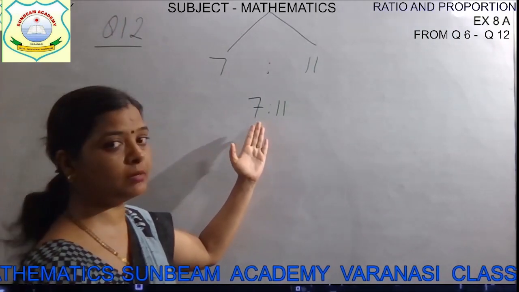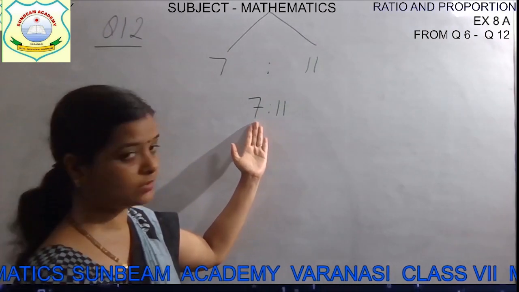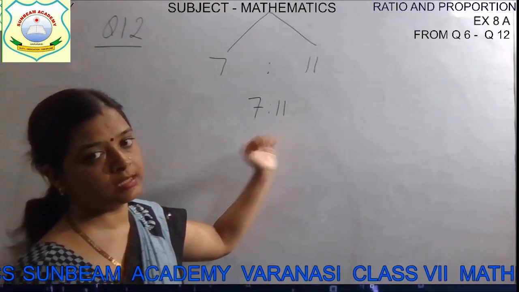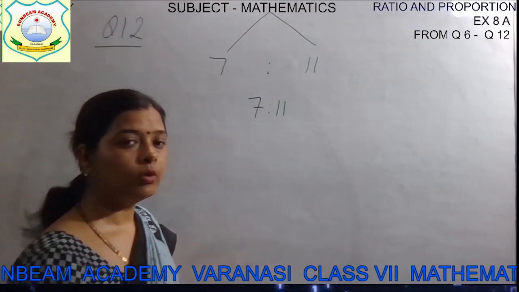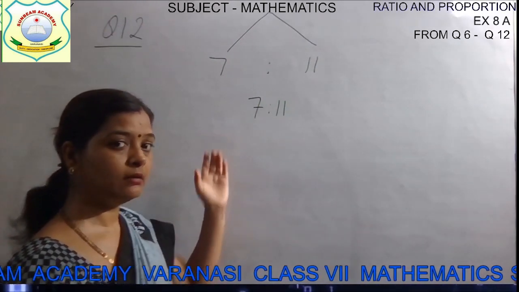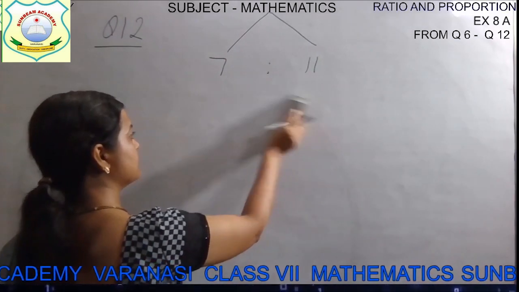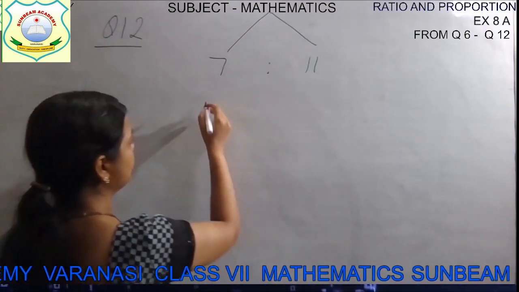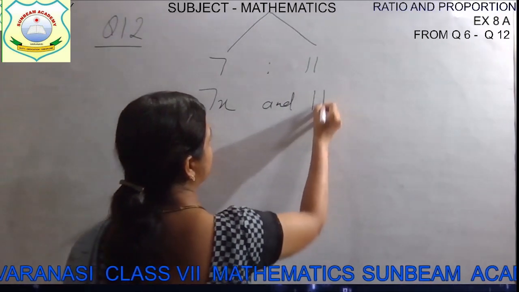Whatever we increase in the first term will be increased in the second term also, that is in the consequent also. So what will we take, children? We will take the same number. It should be multiplied in both the terms, isn't it? So that whenever you simplify it, you will get the same answer as 7:11. So let that number be 7x and 11x.